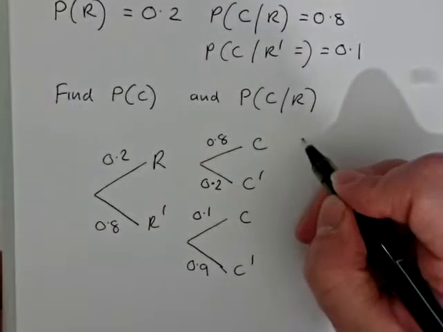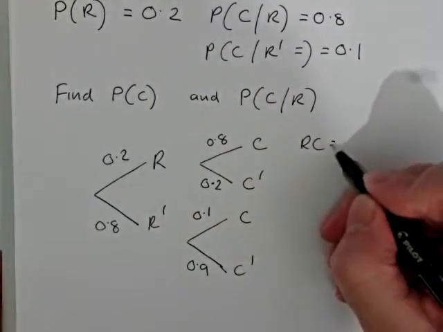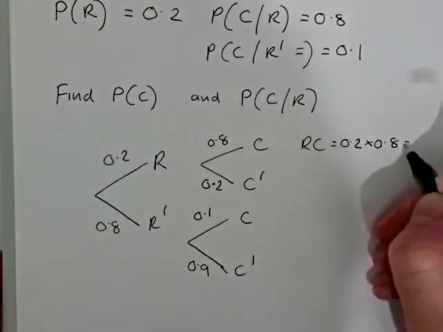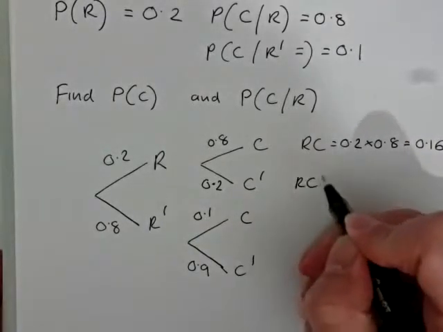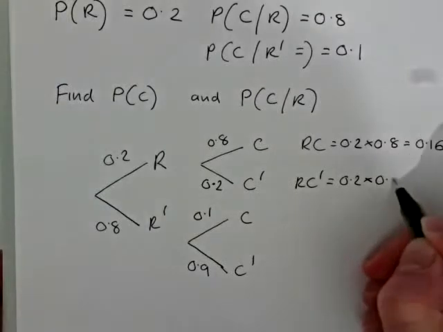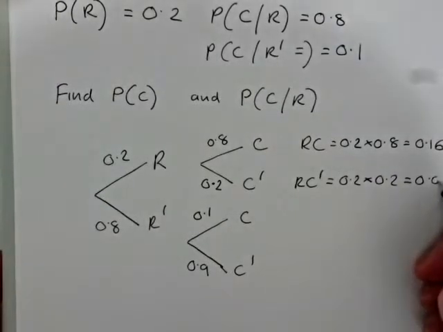So the probability that it's raining and I'm wearing a coat will be equal to 0.2 times 0.8 equals 0.16. The probability that it's raining and I'm not wearing a coat is 0.2 times 0.2, 0.04.